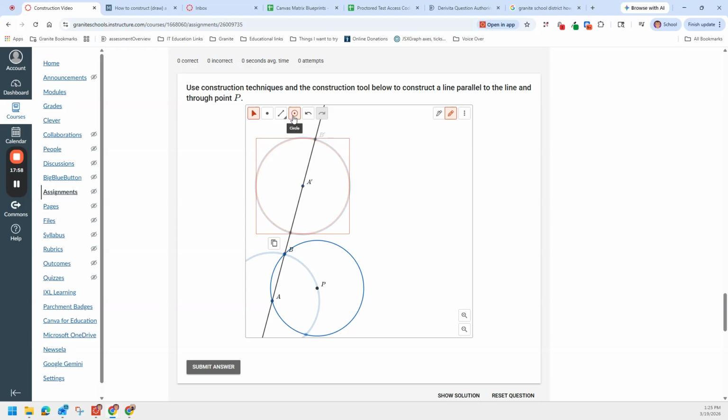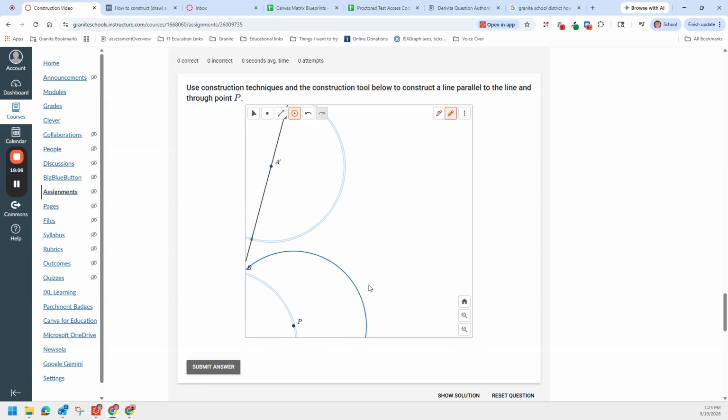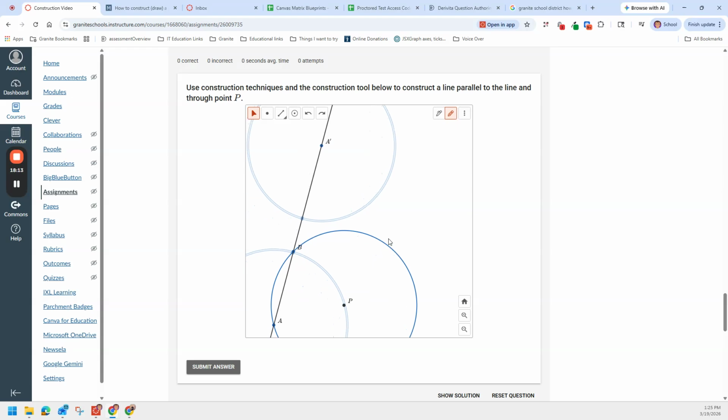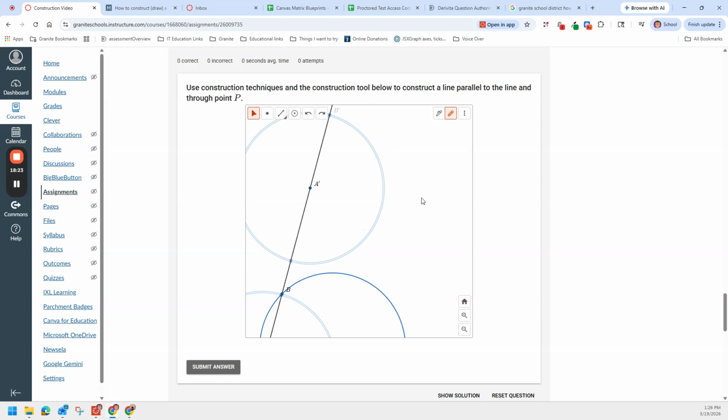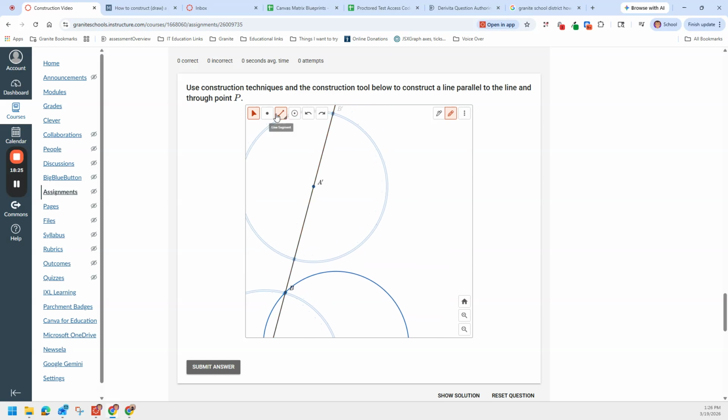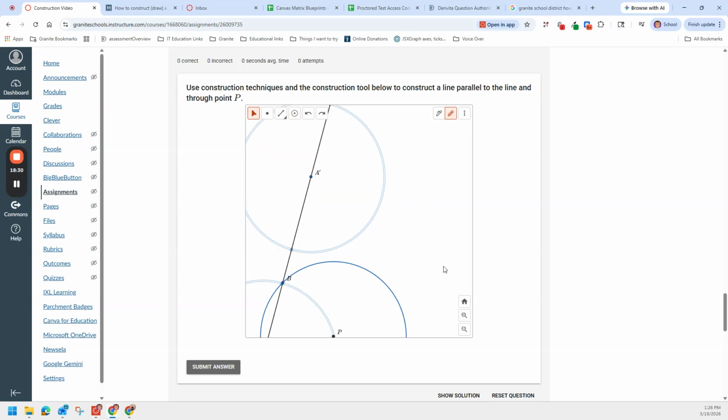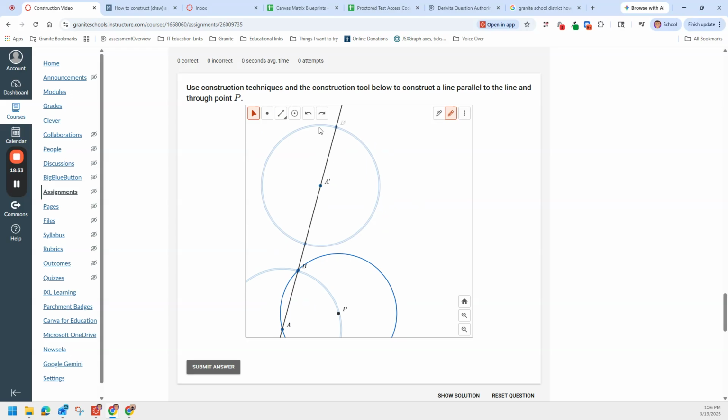I also want to measure the distance from B to P. Let's zoom in a bit, and zoom out just a tiny amount there.